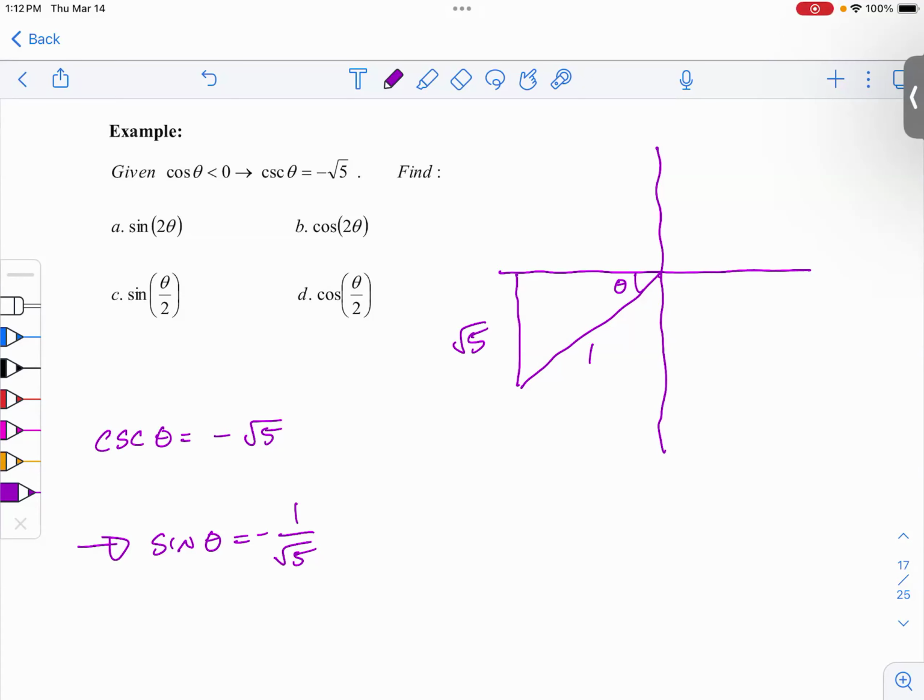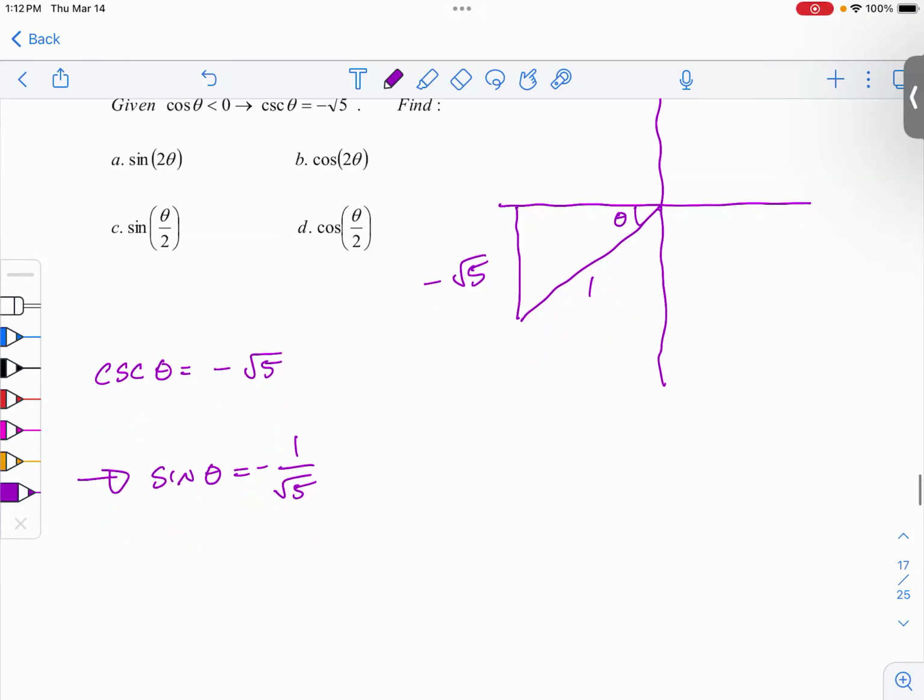And don't forget, that says that we have a negative here, but since I'm in quadrant 3, I know that negative is with the root 5. And then what wonderful theorem do we use all the time to find that missing side? Pythagorean. So I have negative root 5 squared plus the adjacent side squared equals 1 squared.